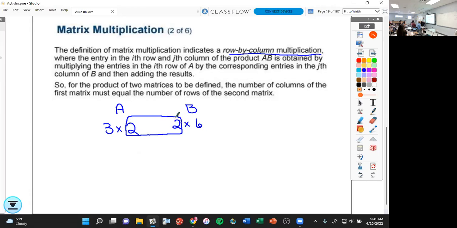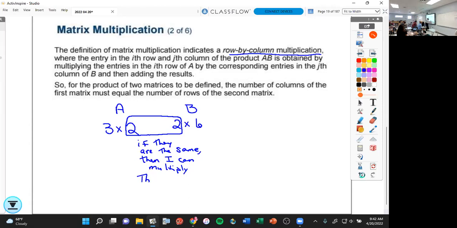If those two numbers are the same, then I can multiply. Okay? 2 and 2, are they the same? Yes. So this can be multiplied. What about the 3 and the 6?